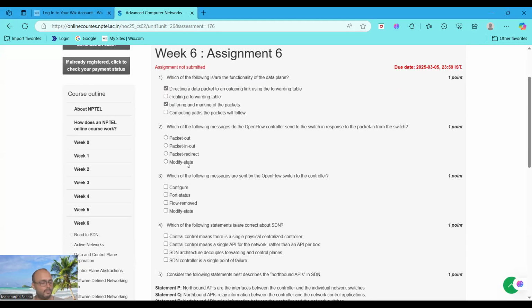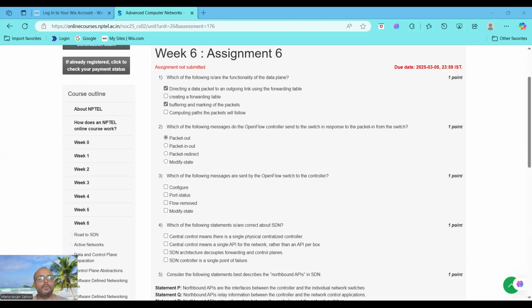Moving to question number 2. Which of the following messages does the OpenFlow controller send to the switch in response to the packet-in message from the switch? That is packet out, option A. Why packet out?